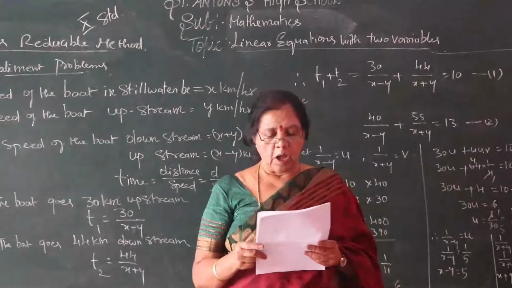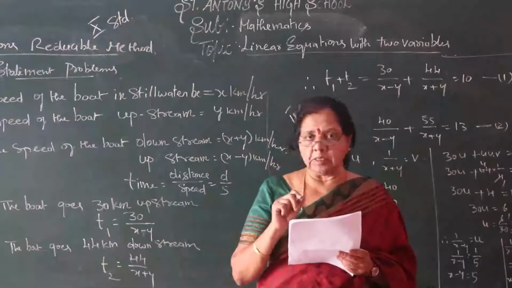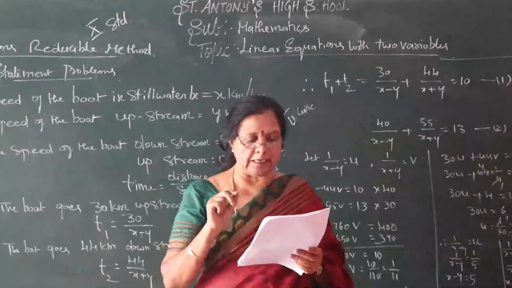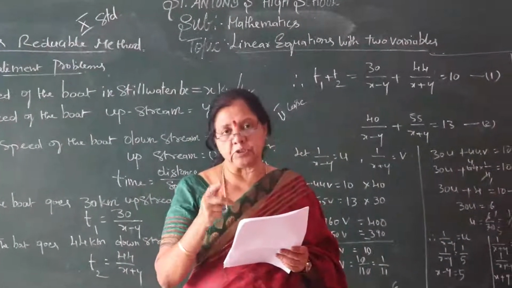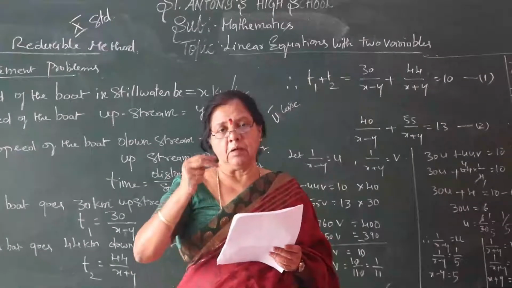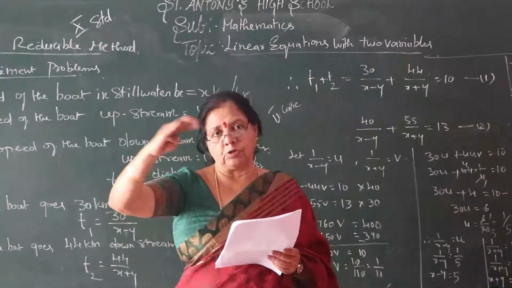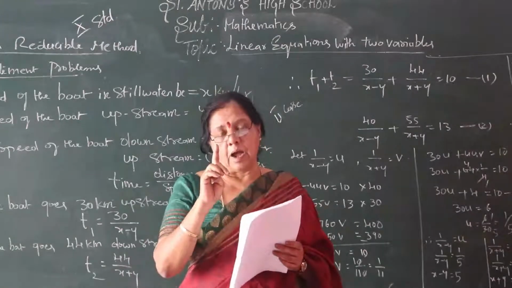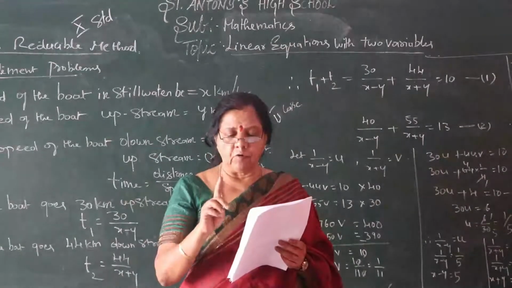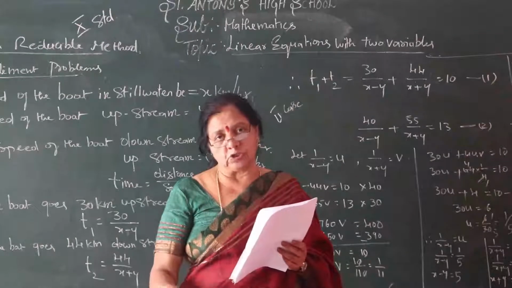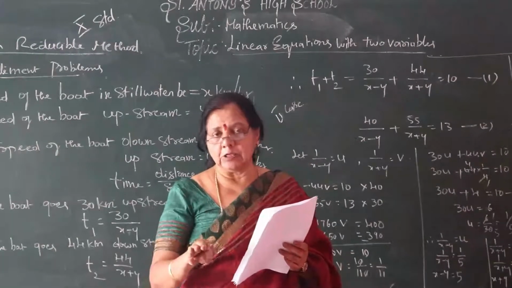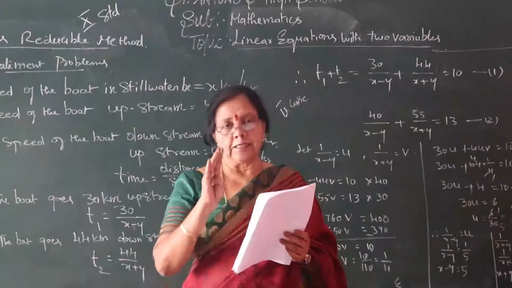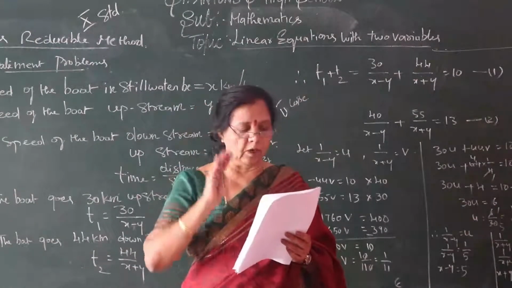Go through it. A boat goes. Boat means you know it goes on the water. A boat goes 30 kilometers upstream. Upstream means against the flowing water. 30 kilometers upstream and 44 kilometers downstream, downstream means with the flow.